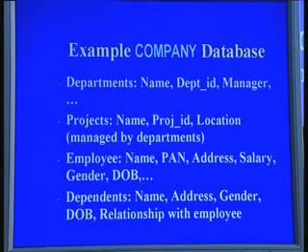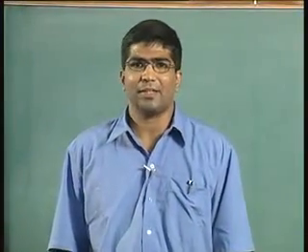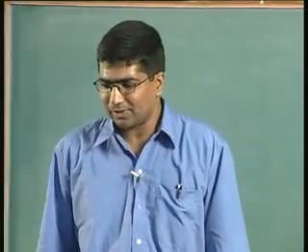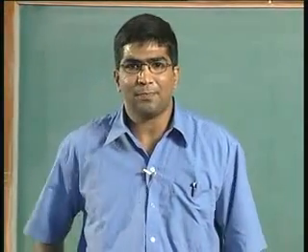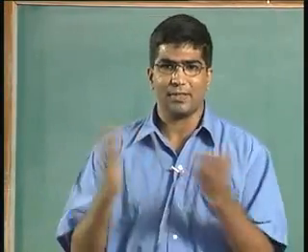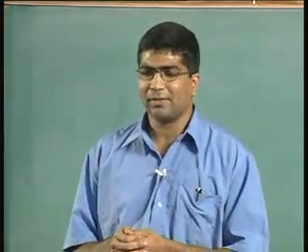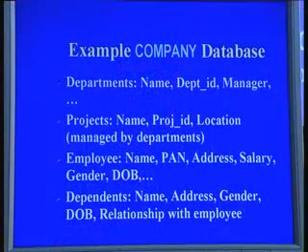Okay, so here is a small example. An example company database. Okay, so suppose we look at a company. What are some of the first things that we can identify? Some of the first things we identify are company, of course, has employees. We can see them. Okay, then company has departments. Each employee works in different departments and so on.